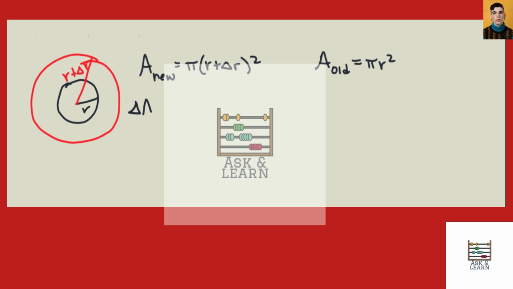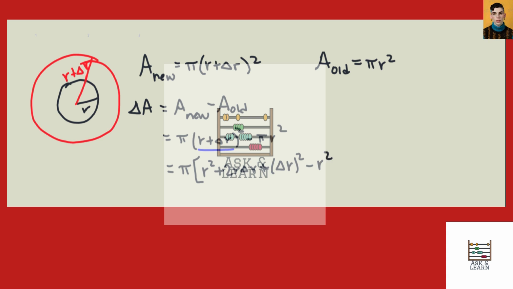So the delta A, the change in area, is the new area minus the old area. And that would be pi times r plus delta r squared minus pi times r squared. Let's simplify that. We can factor a pi out of both, and then multiply out the binomial, and we get r squared plus 2r delta r plus delta r squared minus r squared.